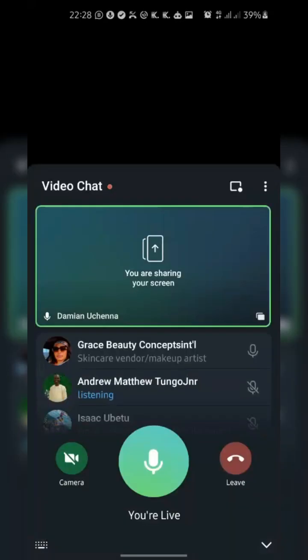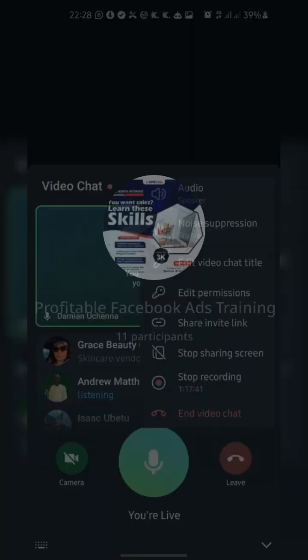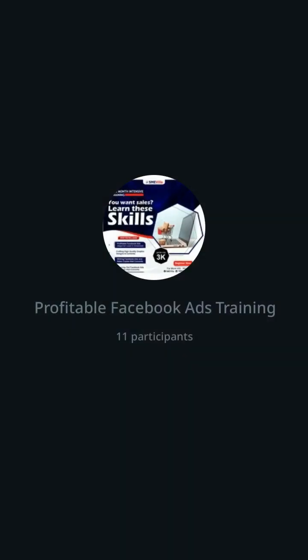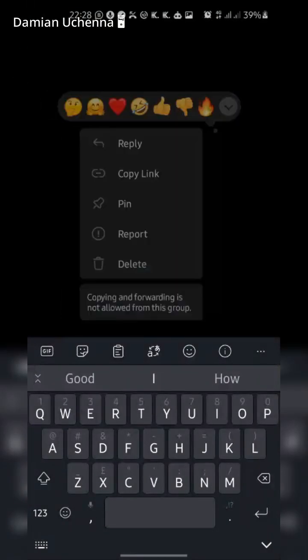Okay, so this happens, and the only way you can eventually see how much you are spending is when you turn this ad off and turn it back on. But I wouldn't advise you do that, because let's say it was getting a cheap cost per follower.